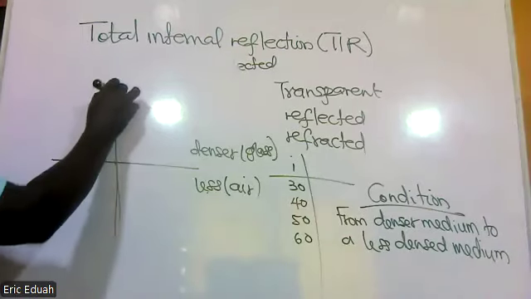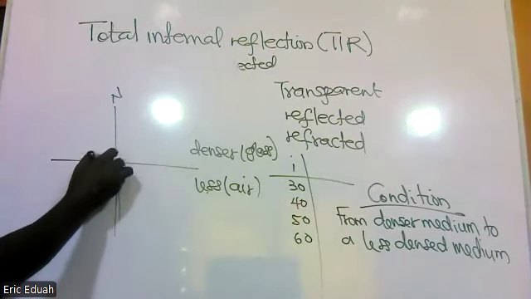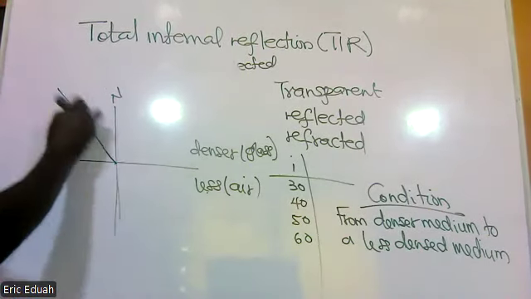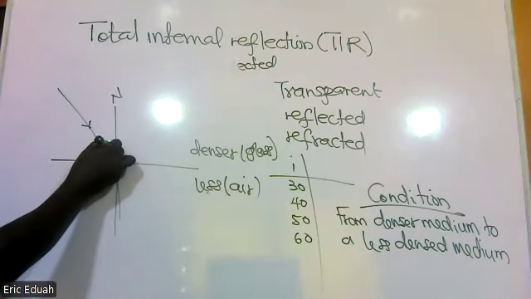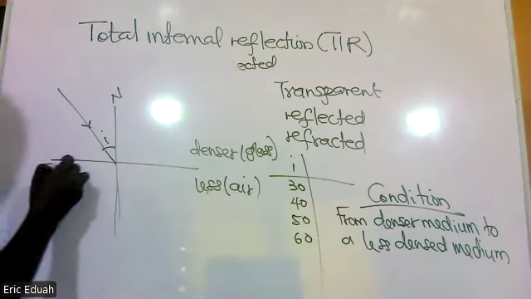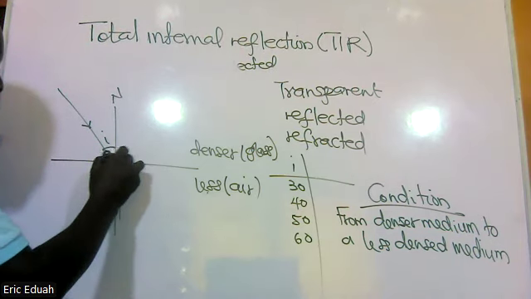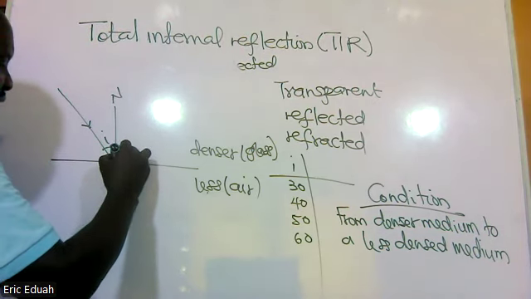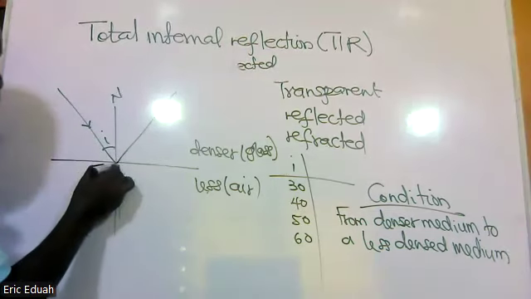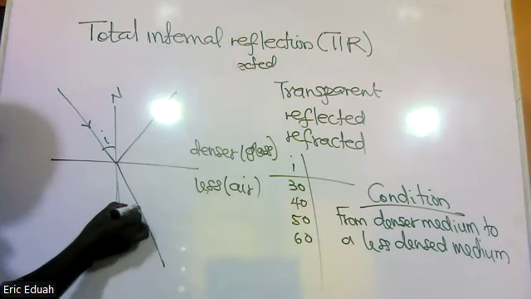So if this is the normal, and then you send incident light here, with angle of incidence I, part of the incident light will be reflected, part would also be refracted.